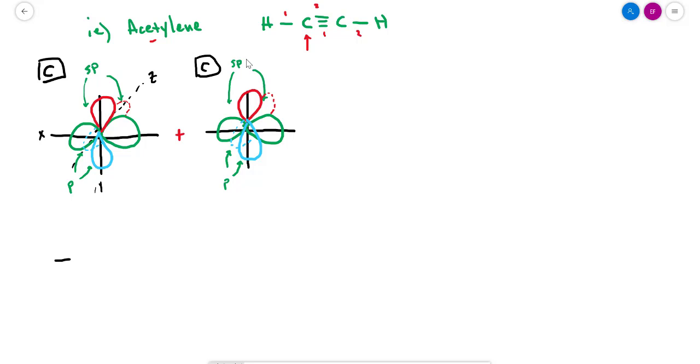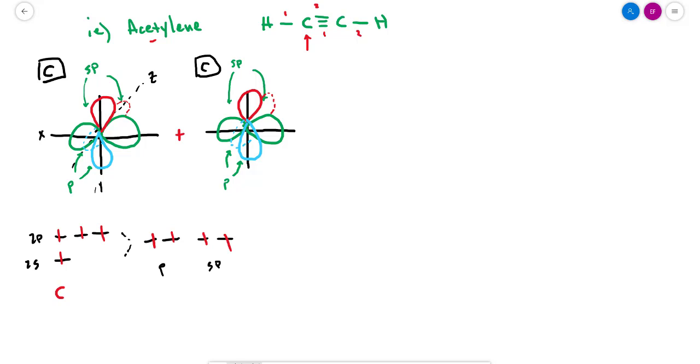Remember, I always draw up the energy diagram because it's really helpful to think about this. If we have our 2s and 2p for carbon to start with, those would have 4 valence electrons in it. That would hybridize, and in this case we would have 2 of the p orbitals, and then we'd have 2 of the sp orbitals, and we'd have an electron in each of those.